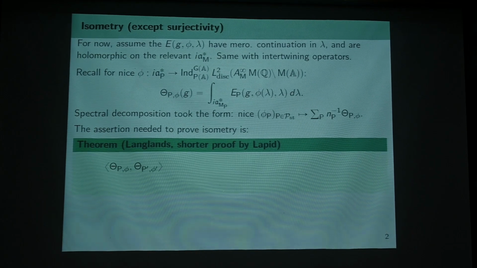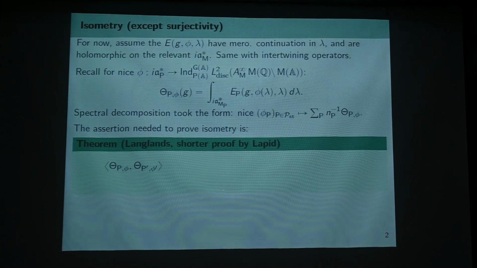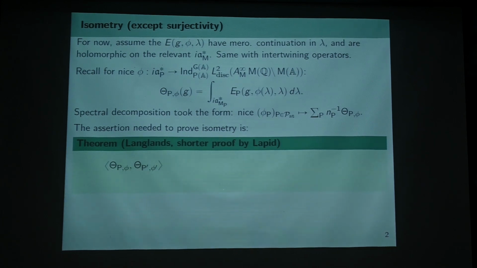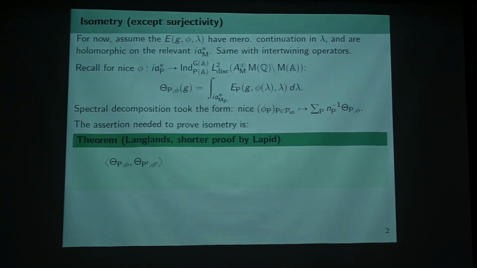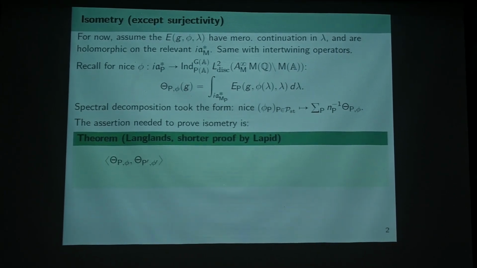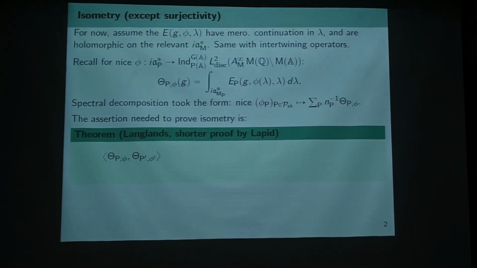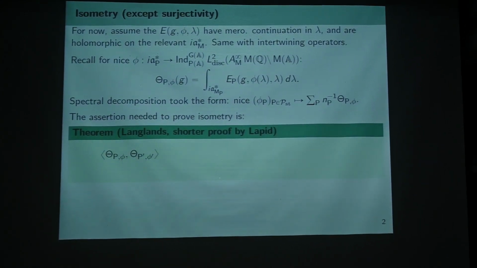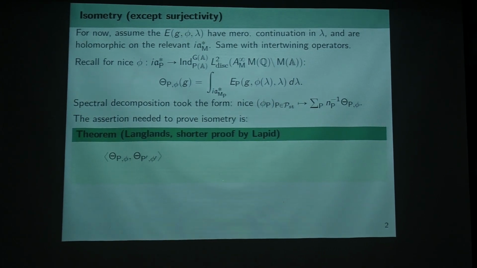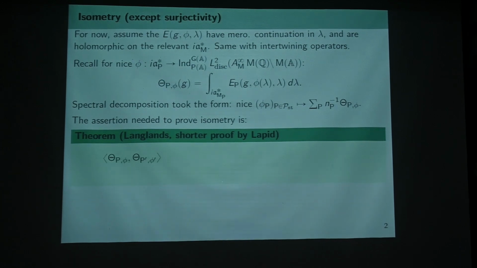So it would basically take the form of an integral over i a_P star, integrating in that Hilbert space which was written upstairs. If P is not equal to P', this would have been 0. If P equals P', then it would have been the integral of the inner product of phi_P(lambda) and phi_P'(lambda), d lambda.